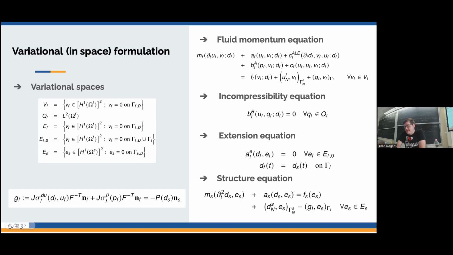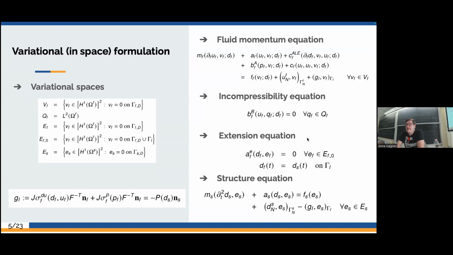And okay, we have a fully coupled system. I will not get much into details how we get it. If we have time, we can discuss it after the presentation. But as I mentioned, the problem is fully coupled because the fluid part depends both on the normal stress function, which is defined on the interface, which enters the fluid momentum equation and also the structure equation.